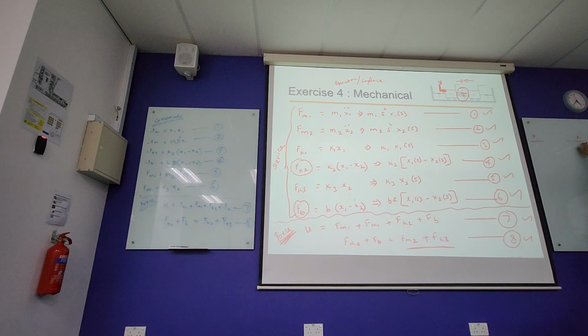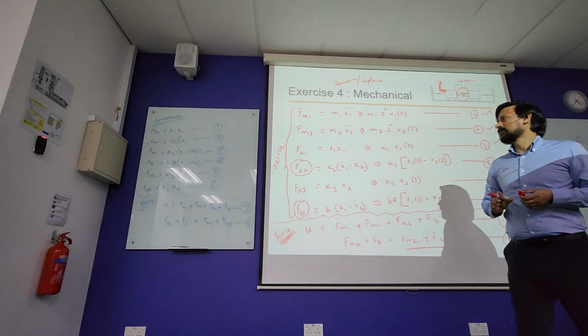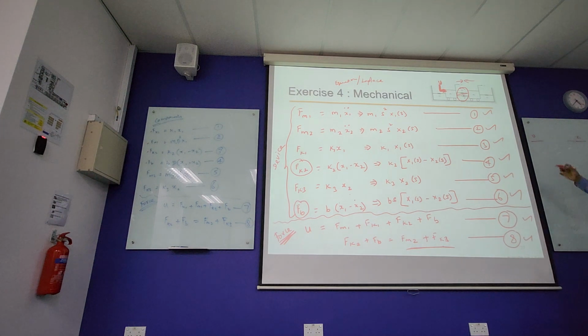So if we say x1, what is x1 over here? The first equation, maybe, is right for understanding. K1 x1, so the third equation. It doesn't matter, just write that down. Then we have m1, right? M1 is nothing but m1 d square x1.